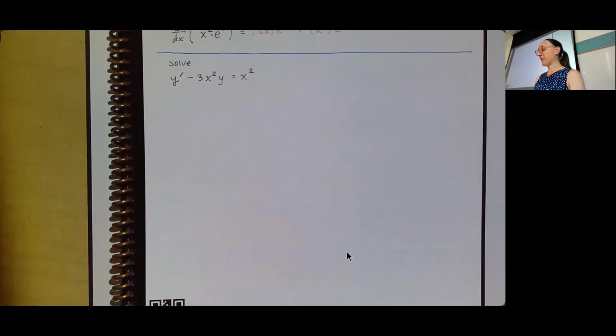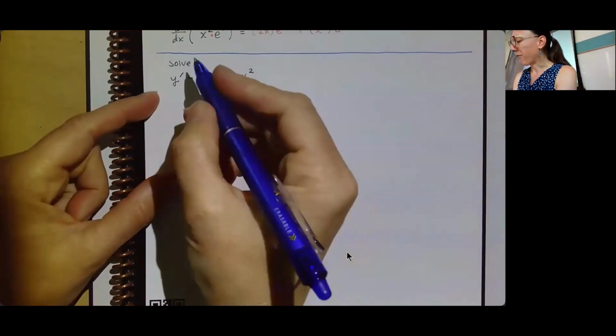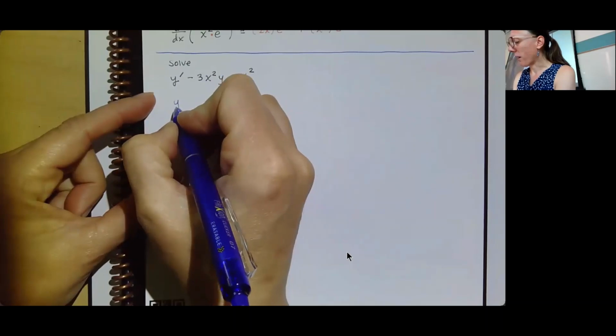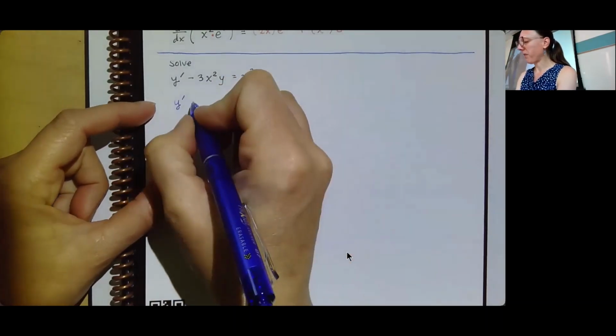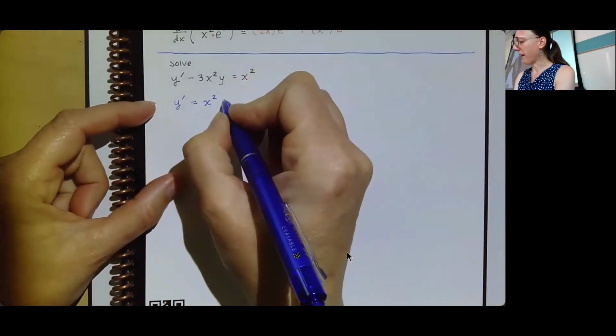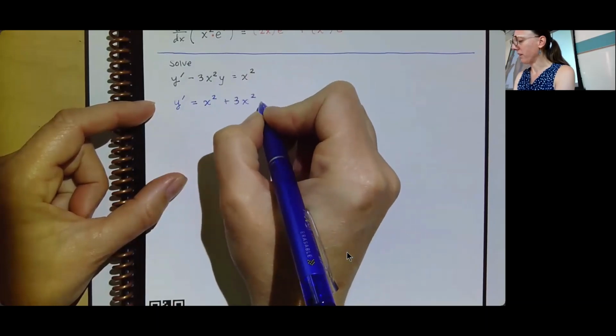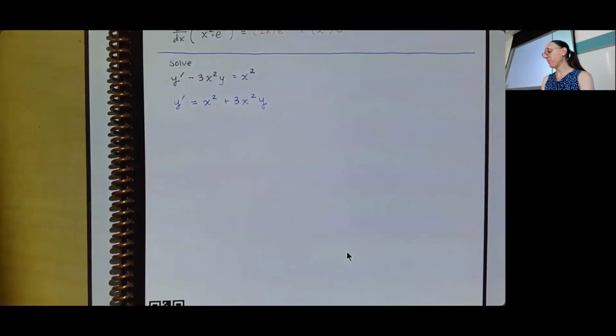If I look at this, it doesn't immediately jump out as being separable, but I can do a little bit of work to force it to look separable. The first thing I'm going to do is get the y prime part by itself. So I'm going to add 3x squared y to both sides.